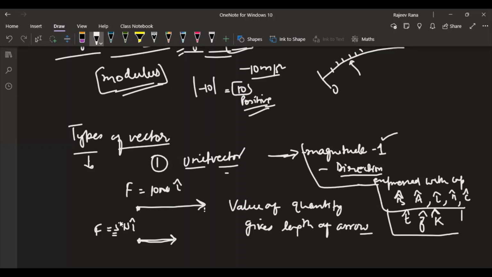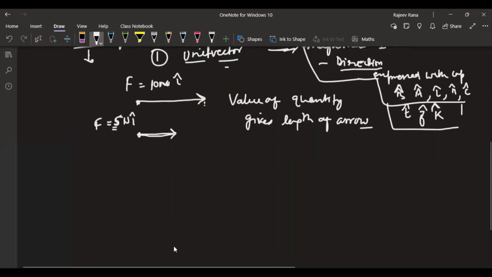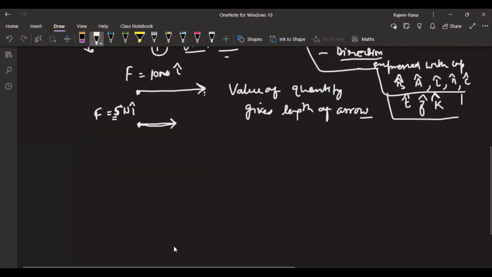If the value is less, it will be a little short, less in length. If the value is more, it will be more in length. So whenever you have to draw two vectors and their values are different, their lengths can never be the same. Just remember it.